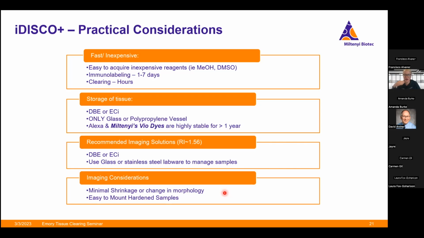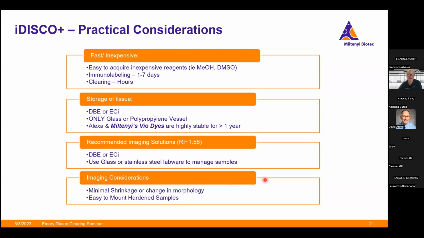It could take a little while to optimize that process. So first off, don't try to cut corners. Try to do it properly from the get-go. Second, don't necessarily use your most precious samples to begin with. And third, don't rush things. Sometimes we get people two days before a grant is due. That's not a good time.